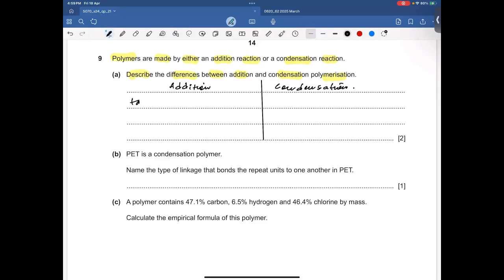Addition takes place in alkenes, there is no loss of mass, and the polymer is non-biodegradable.